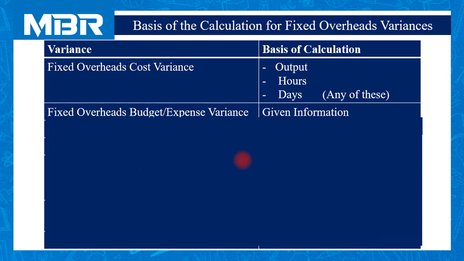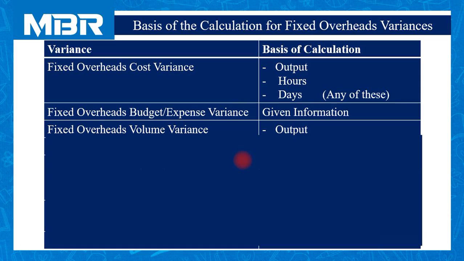Second, fixed overhead budget or expense variance. The basis of calculation is the given information. It means that without doing any kind of extra exercise, we can find out this variance simply with the information supplied by the examiner.